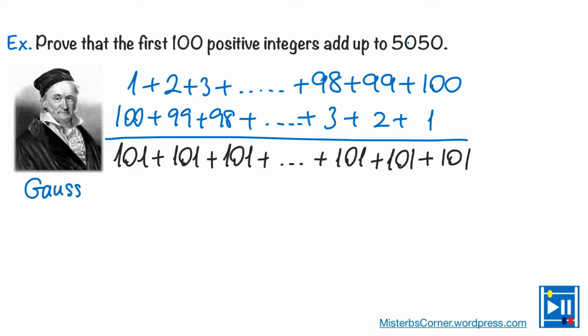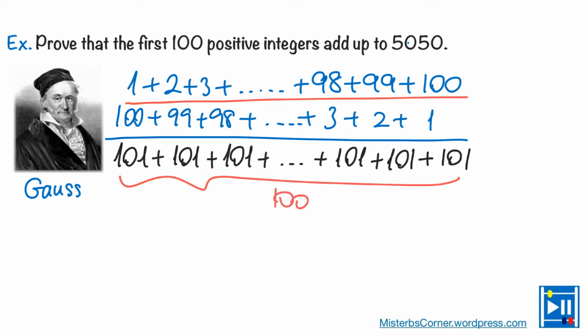Now, how many 101s are there? The thing is, just because I have 100 numbers here, it must be 100 101s. So basically what we can do is to say that this sum, 101 plus 101 plus 101 plus and so on, is equal to the product of 100 times 101.